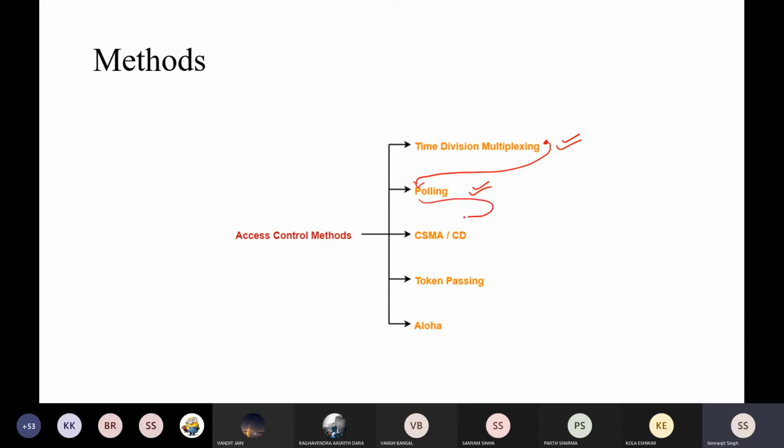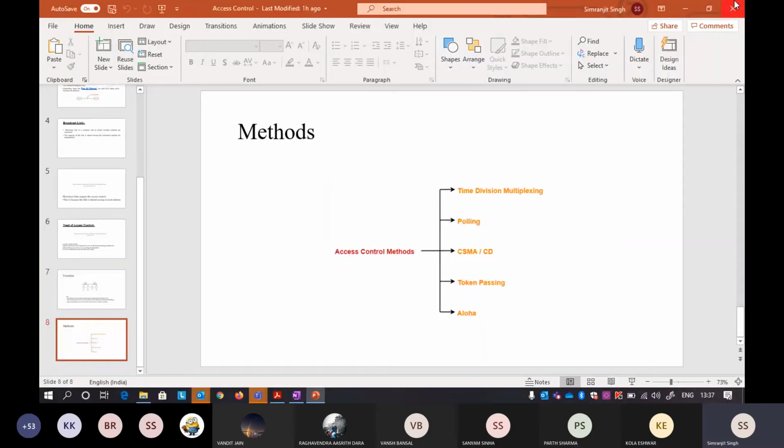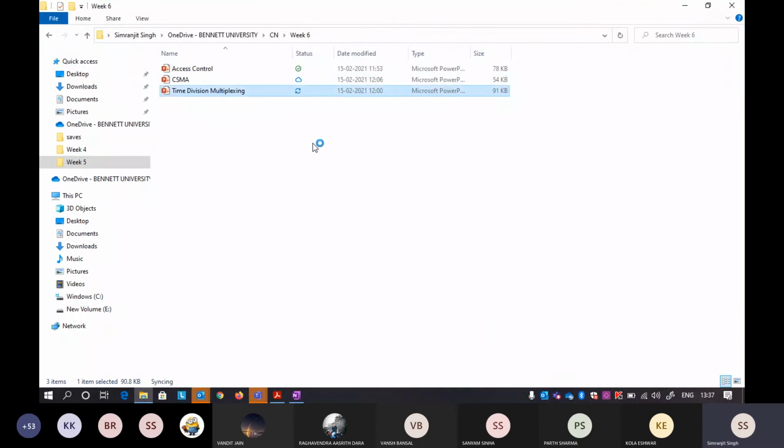Still, there are some disadvantages of this method, so the next method is used, and then the next one. Every method is a little bit different from the previous one, and it tries to solve the problem that the previous one faced. Now I'll move on to TDM, that is your time division multiplexing.